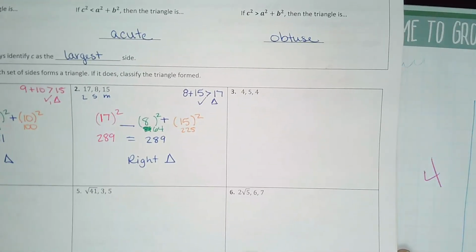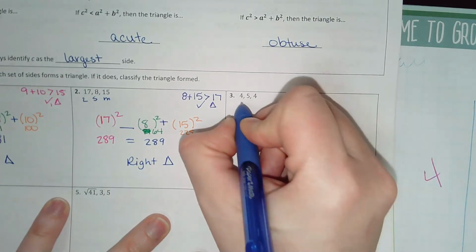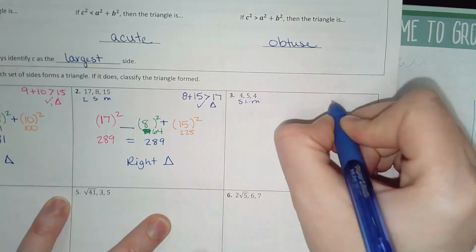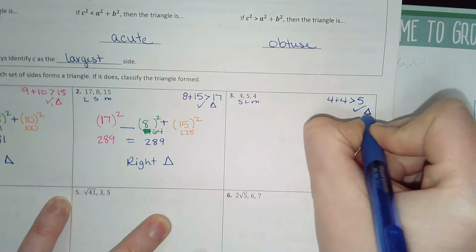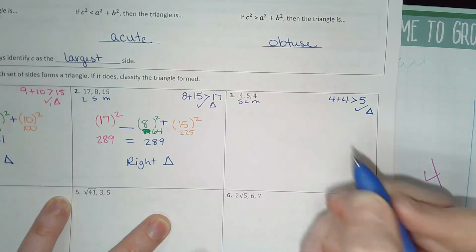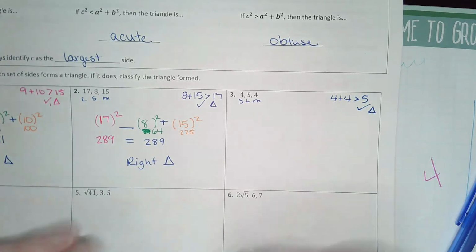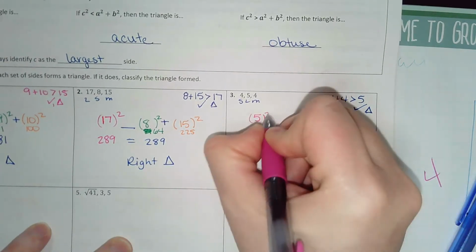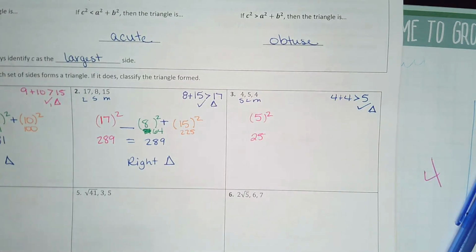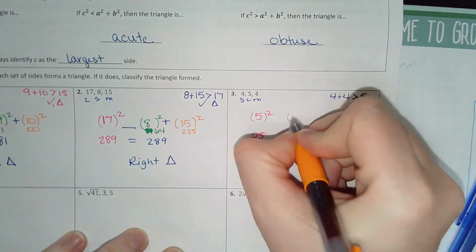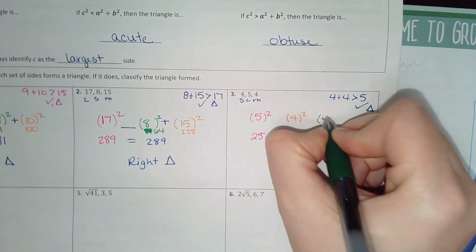So on the next one, once again, small, medium, large is 4 plus 4 greater than 5. That's true, so I have a triangle. So I'm going to take 5 squared and get 25. And then I'm going to compare 4 squared and 4 squared.